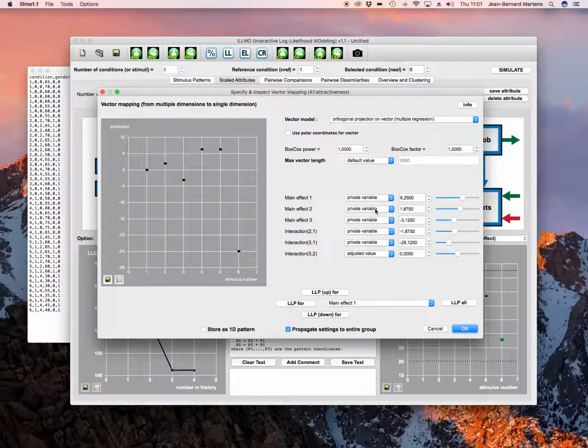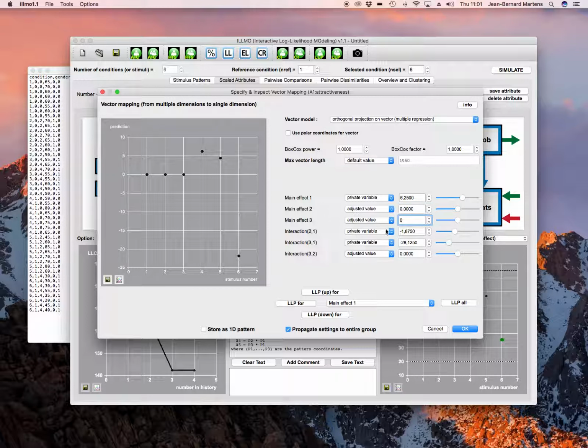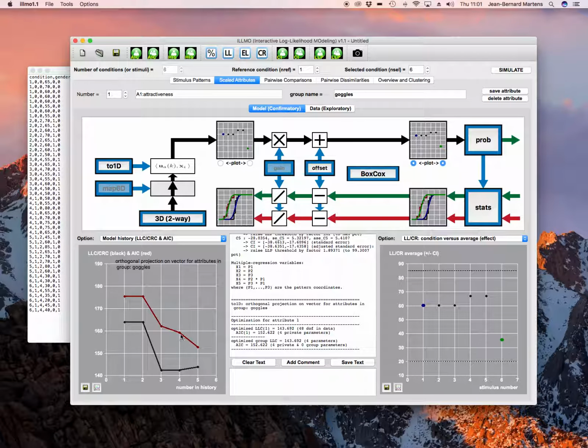Knowing this, we could say that a fair model is probably one in which we exclude the other effects, which we can do by just turning them into 0. That indeed decreases the AIC substantially, so this is a much better model.